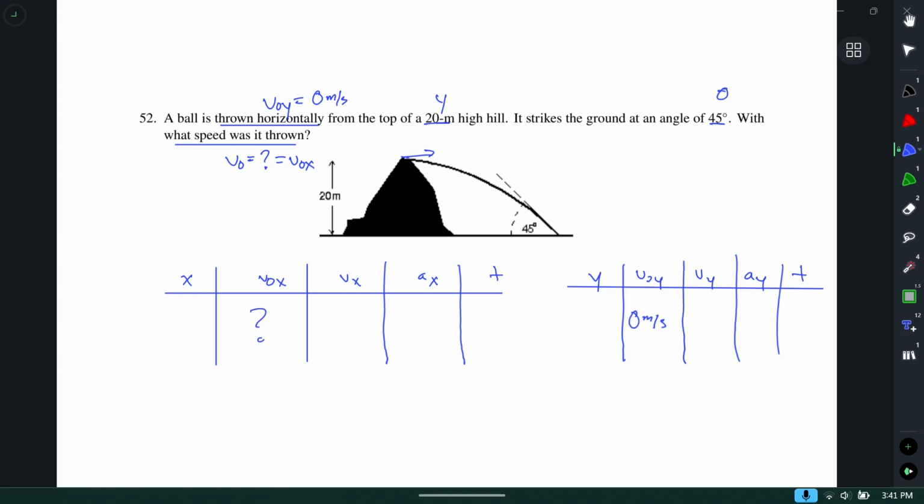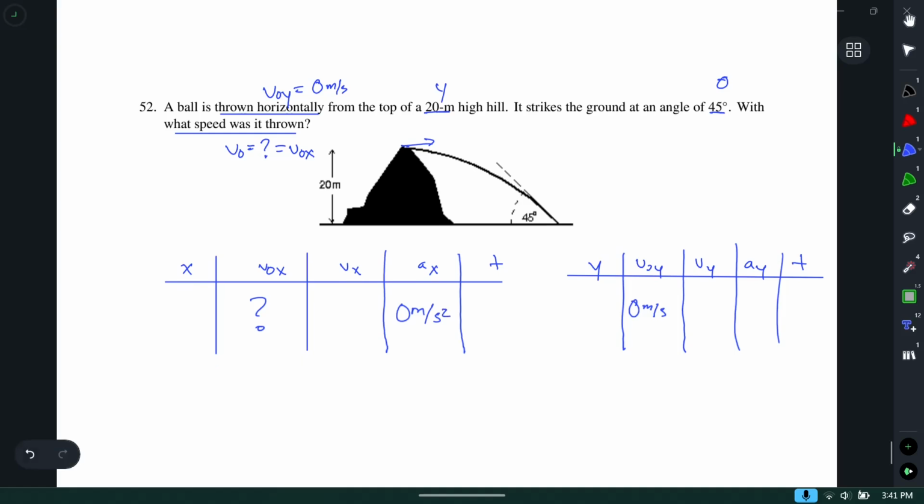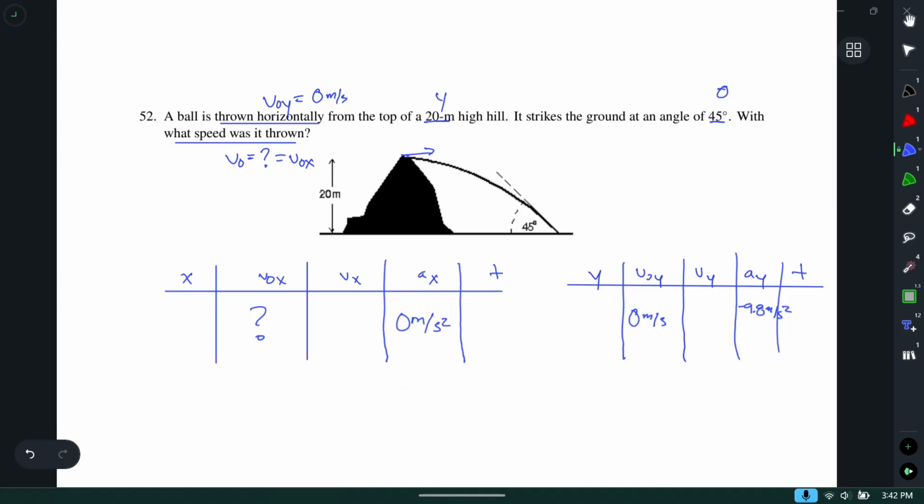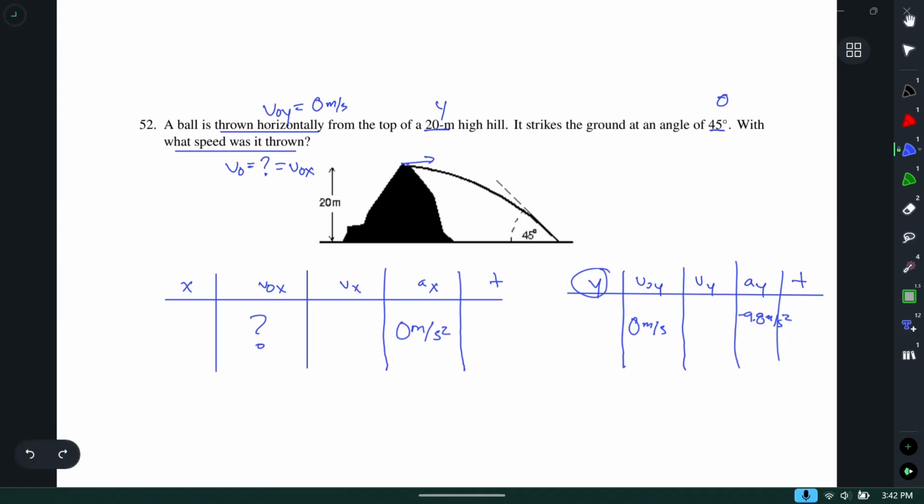We want to know the initial x. We know that for projectile motion, it's 0 horizontal acceleration and negative 9.8 for the vertical. And the last thing we know is this y right here. But we have to be careful, because the object falls by 20 meters, meaning its vertical displacement is actually negative 20. It goes down by 20 meters.